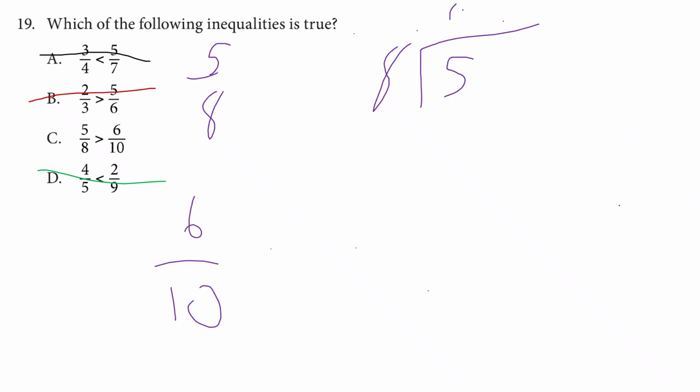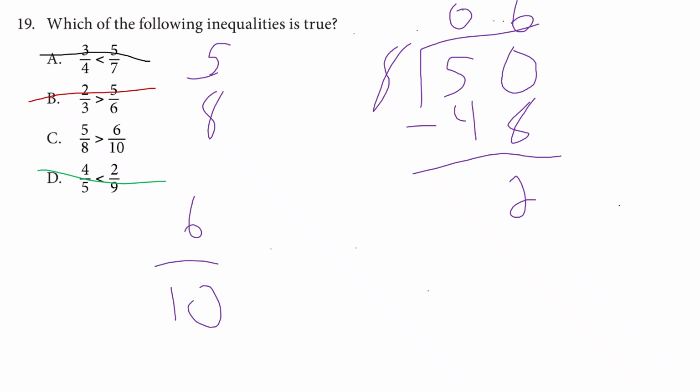8 can't go into 5. We add a 0 in here, and once we add that first 0, put our decimal point up top. 8 goes into 50 6 times. 6 times 8 is 48. 48 from 50 is 2.